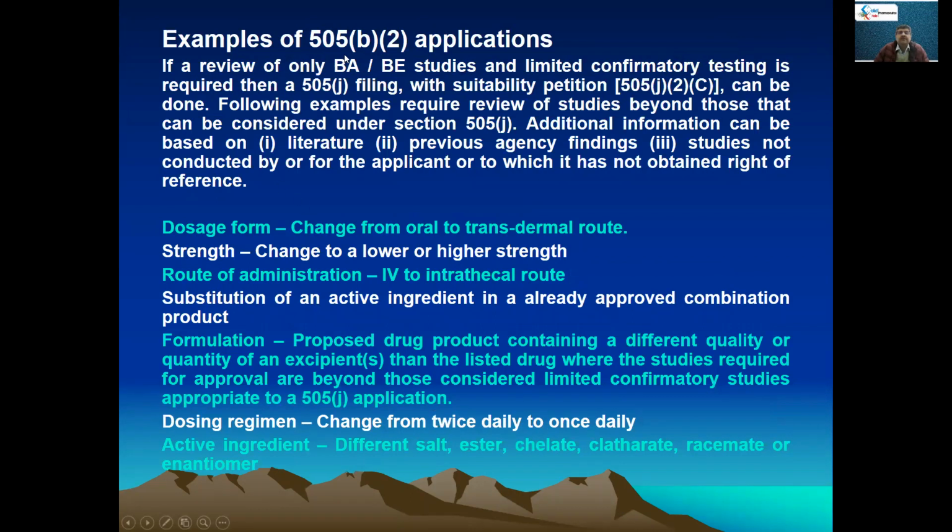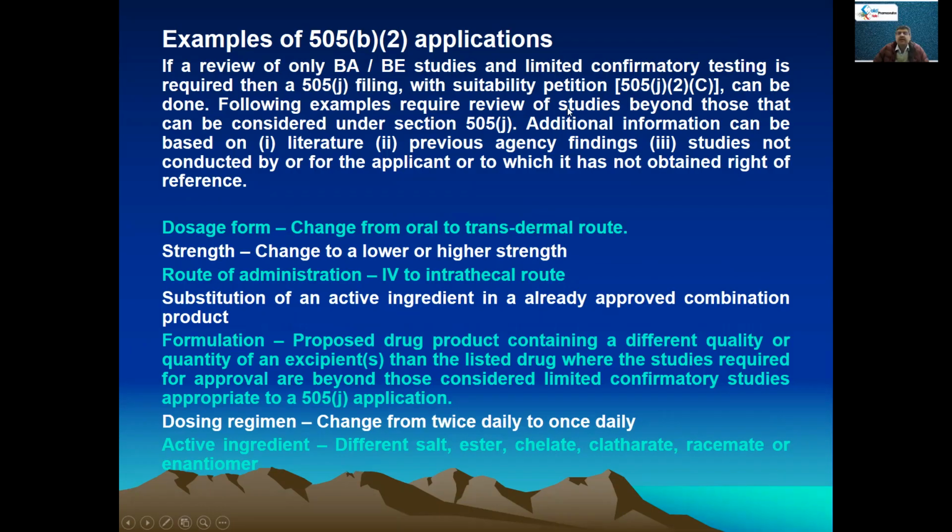Examples of 505(b)(2) applications include the following. If a review of only bioavailability and bioequivalence studies and limited confirmatory testing is required, then the ANDA filing with suitability petition can be done.